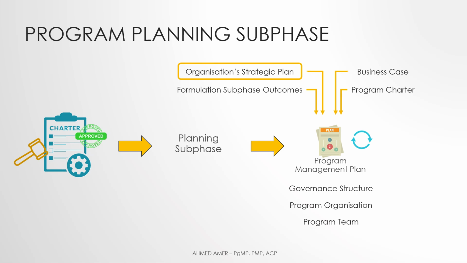This is due to updates in critical program factors such as business goals, deliverables, benefits, time, and cost. Accordingly, revisions to the program management plan, its roadmap, and its subsidiary plans will take place. These revisions are either approved or rejected by the program steering committee.